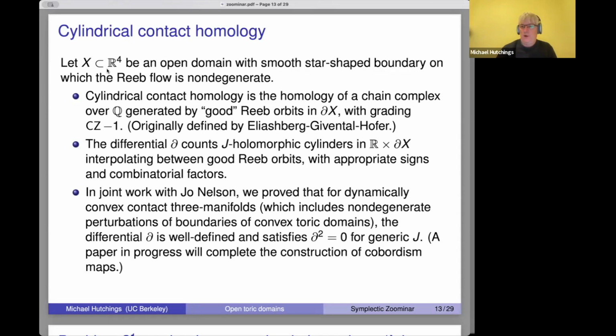A bad Reeb orbit is one which is an even multiple cover of some other Reeb orbit whose Conley-Zehnder index has opposite parity. The grading I'll take is the Conley-Zehnder index minus 1. The differential counts J-holomorphic cylinders in R cross the boundary of X for a suitable almost complex structure J, which are asymptotic to two different good Reeb orbits on the top and the bottom. And you have to count them with appropriate signs and combinatorial factors.